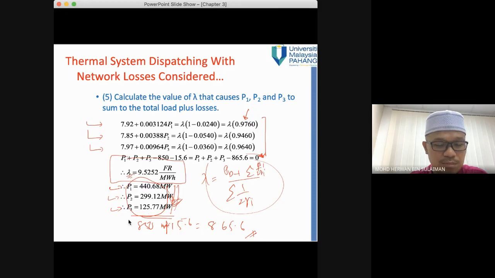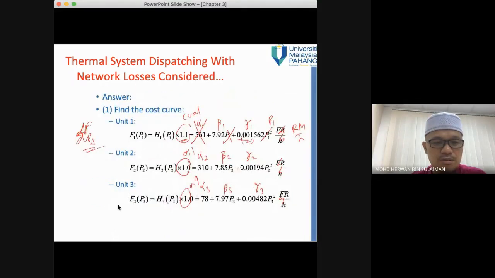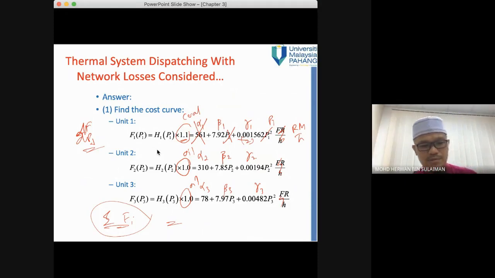This is one of the techniques to get optimal results. After that, what you can do is put all these values into the cost function, then calculate the cost summation of this F. So you can get the value. That is how we get the cost of generation, or what we call the cost of economic dispatch.